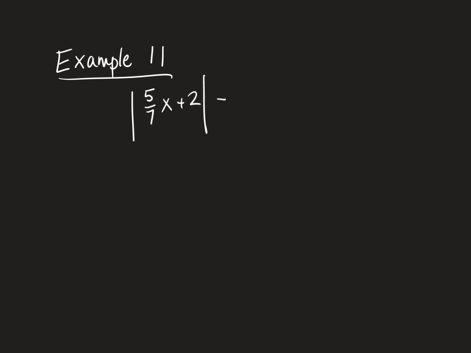I apologize that they're not all typed on there, but you are perfectly capable of adding example 10 and 11 after example 9. Okay, so that next inequality is the absolute value of 5/7 x plus 2 minus 3 is greater than 0. So I'm going to make that equal to f of x.